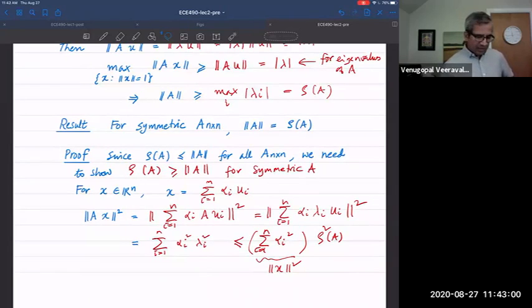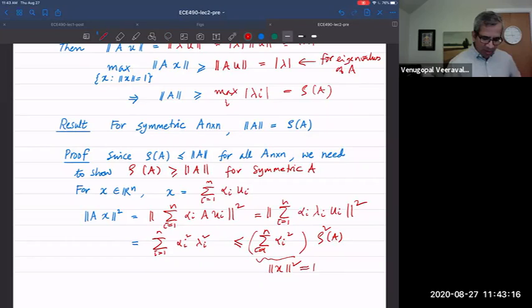Another way to do it is to make x a unit norm vector, and then this relationship will hold for all x that have unit norm.